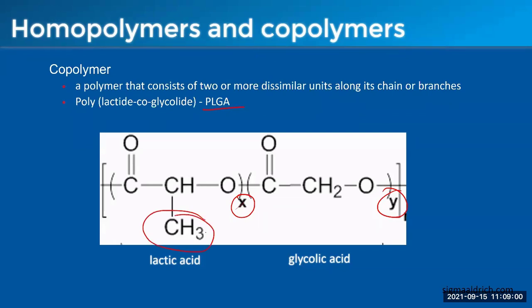The methyl group on lactic acid makes lactic acid a more hydrophobic monomer than glycolic acid. So if you've got a PLGA configuration where the lactic acid content is very high, your polymer is going to be more hydrophobic than one where you would have a high glycolic acid component. So you can tune the hydrophobicity or hydrophilicity of your polymer by tuning the relative abundance of these two different monomers.